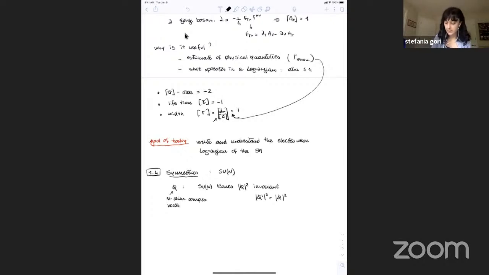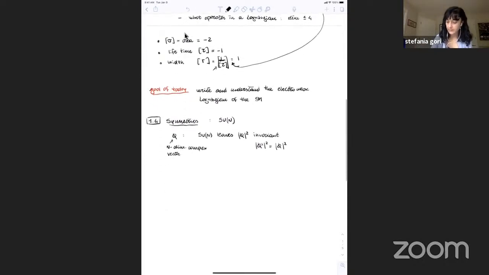Now, the reason that I am mentioning SU(N) is that we actually have this type of symmetry to describe the electroweak interactions. So in particular, we have to introduce what we call a gauge or a local symmetry.